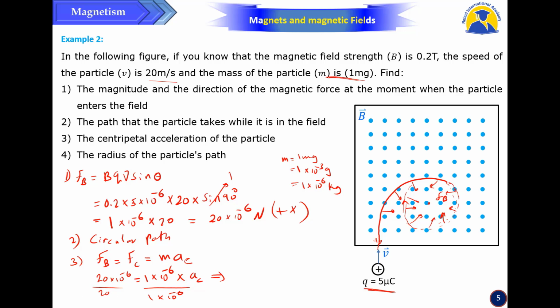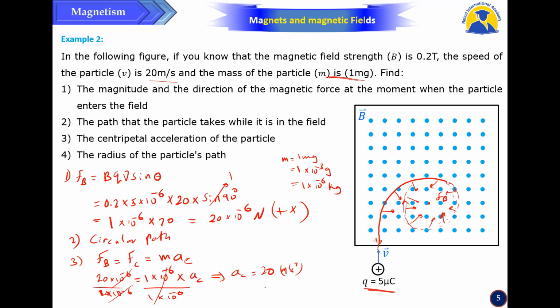So AC will equal 20 divided by 1, which is 20. 10 power minus 6 cancels with 10 power minus 6. So the answer will be AC equals 20 meter per second square. This is the centripetal acceleration.